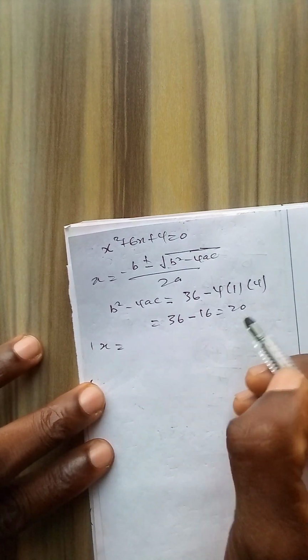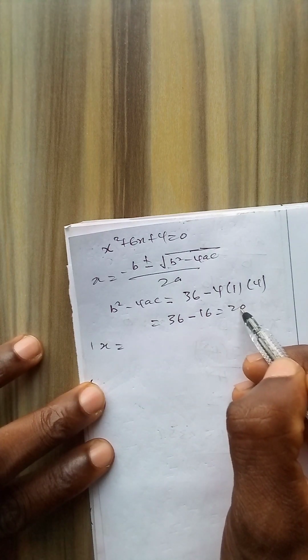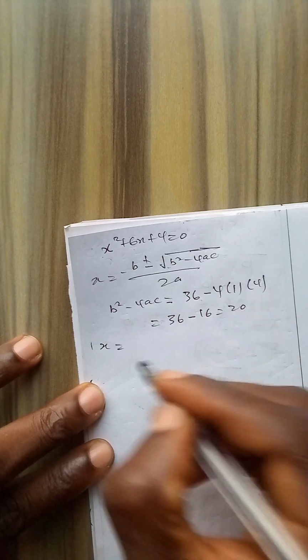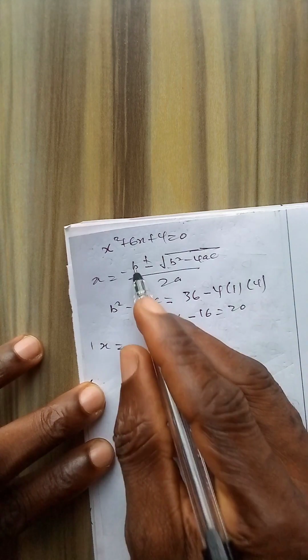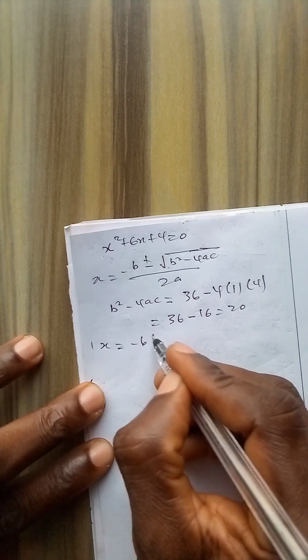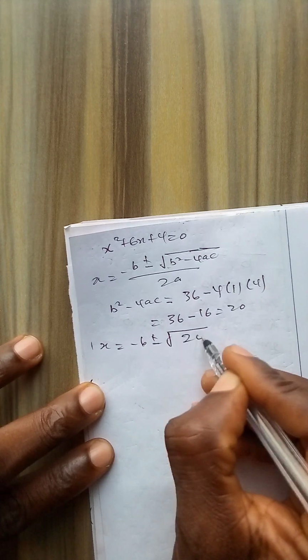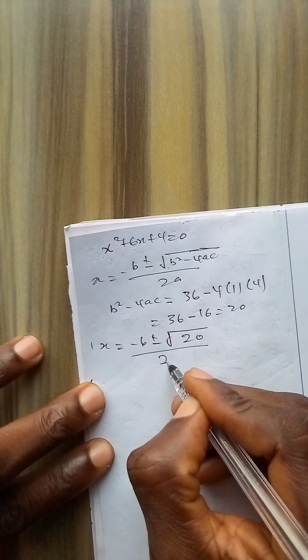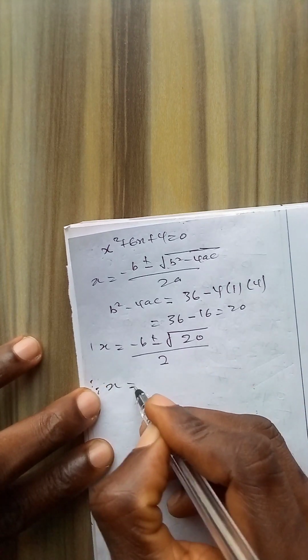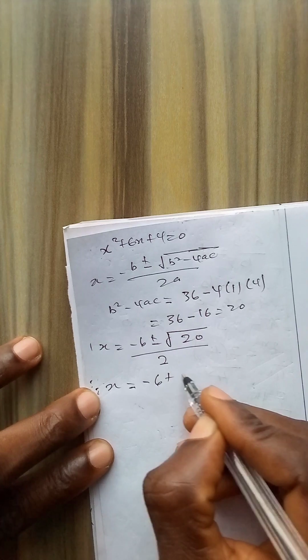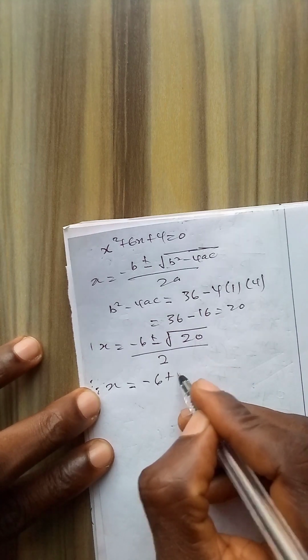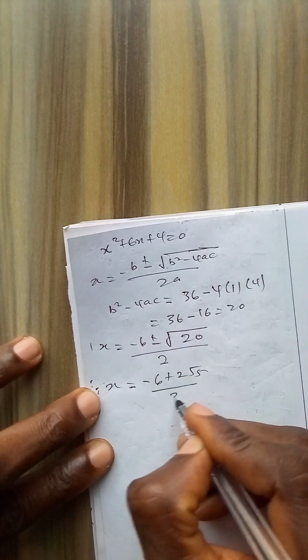So 36 minus 16 will give us 20. We cannot factorize it because we don't have a perfect square as the discriminant. So we have minus b, that is minus 6, plus or minus the square root of 20, all over 2 times 1, which is 2. So x equals minus 6 plus or minus the square root of 20, which can be written as 2 root 5, all over 2.